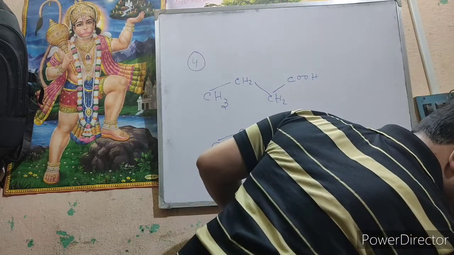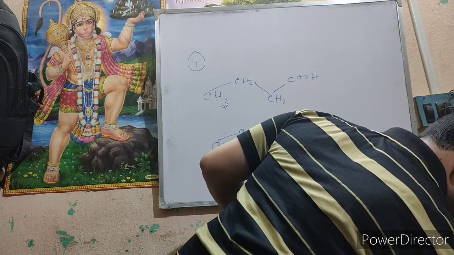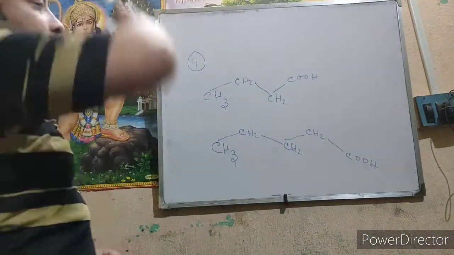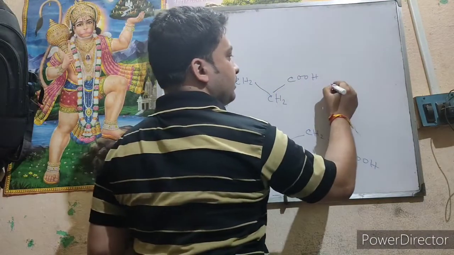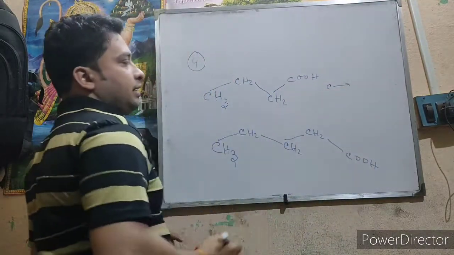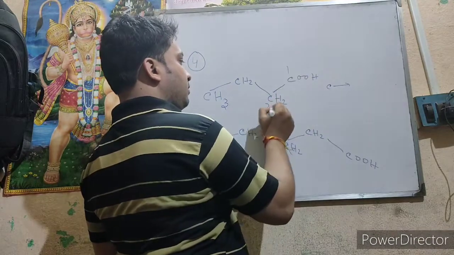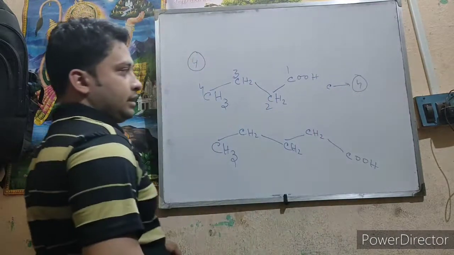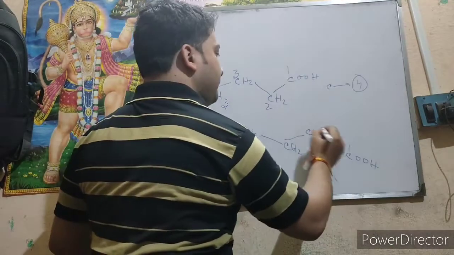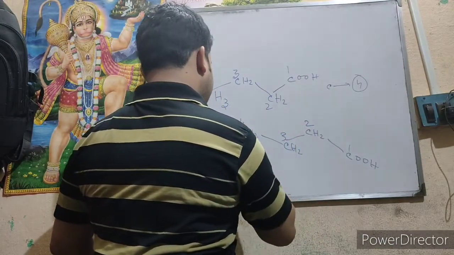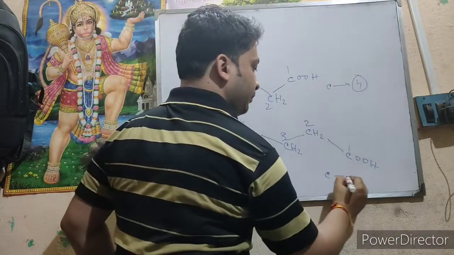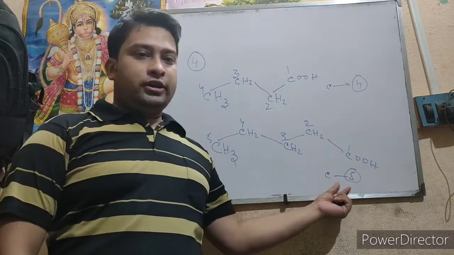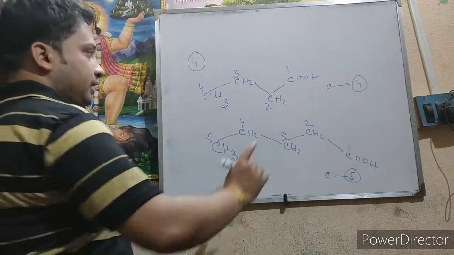So where the number of carbon is even, 1, 2, 3, 4, and where it is odd, odd number of carbon and even number of carbon is a factor.